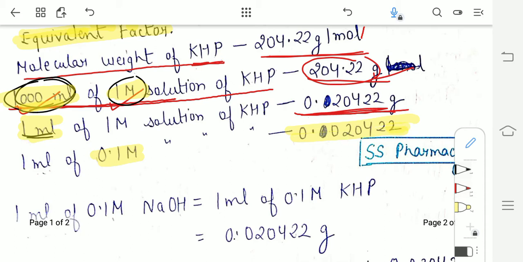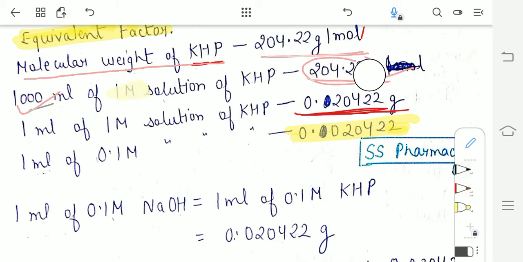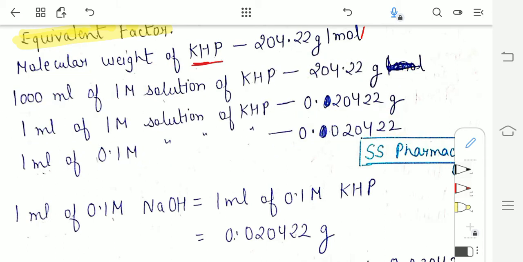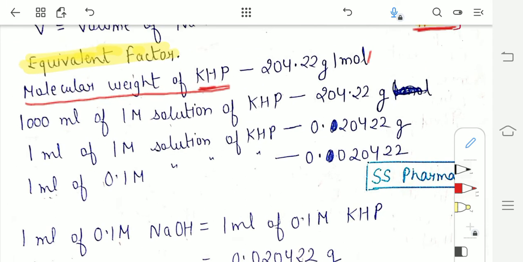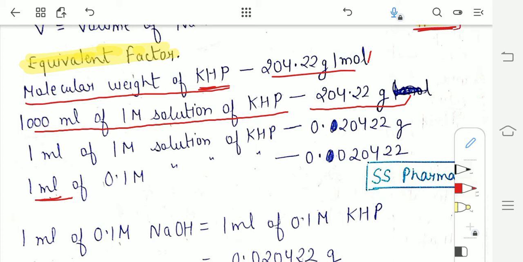I'll explain this again. Firstly, we calculated the molecular weight of potassium hydrogen phthalate, which came out to be around this. This means that 1000 ml of 1 M solution of potassium hydrogen phthalate has 204.22 grams of potassium hydrogen phthalate. Then we have to calculate 1 ml of 0.1 M solution, and we simply divide this by the amount we have here.